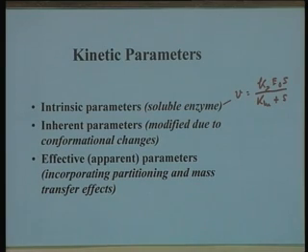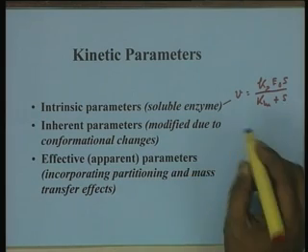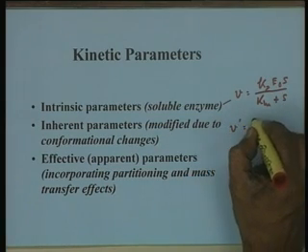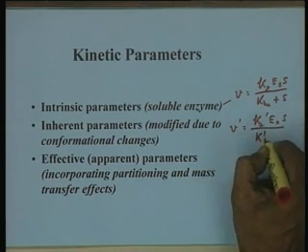That means they are dependent essentially on the method of immobilization, the kind of reactants you have used during immobilization, the kind of matrix we have used, and whatever the interaction between the matrix and the enzyme under the conditions of immobilization, whatever conformational changes have taken place, whatever kinetic parameters have been modified as a result of this interaction are considered under inherent parameters, and we define them as V' equal to k2' E0 S upon K'm plus S.